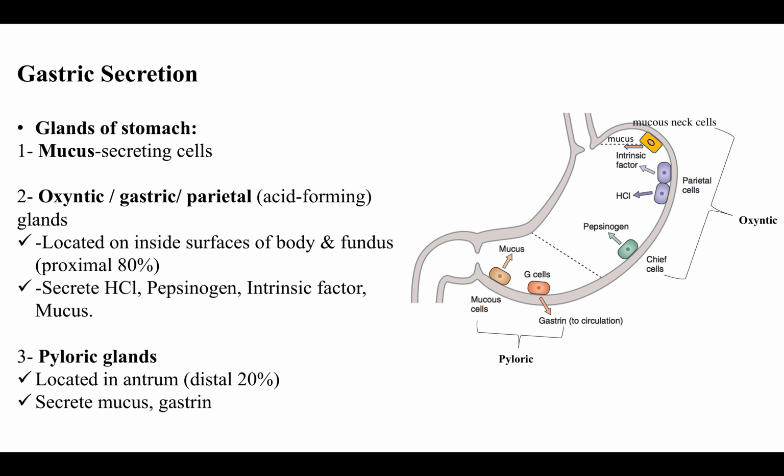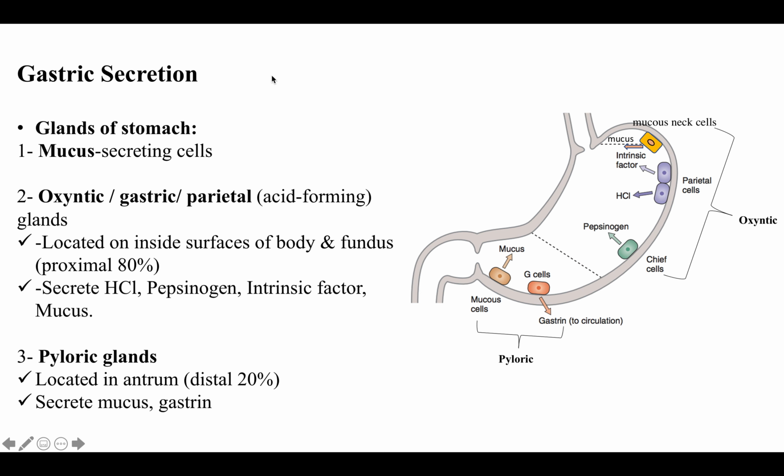Now, talking about more important secretions within the stomach, the gastric secretions. The stomach has three types of glands. The first one is the mucus glands, and they secrete mucus.